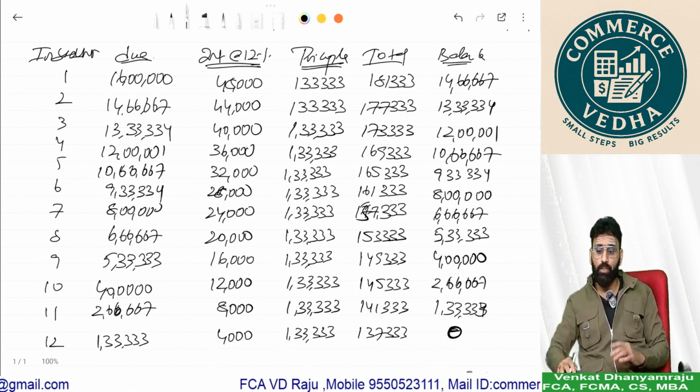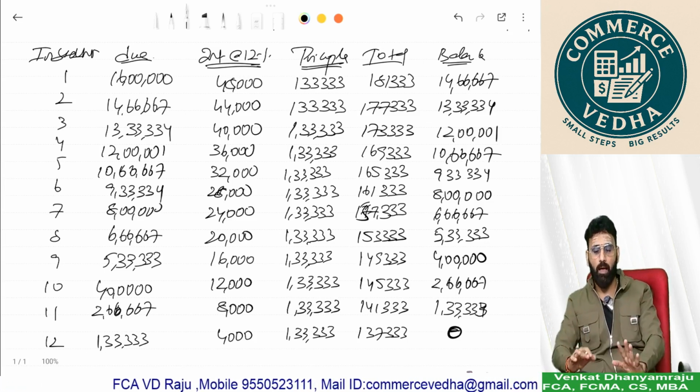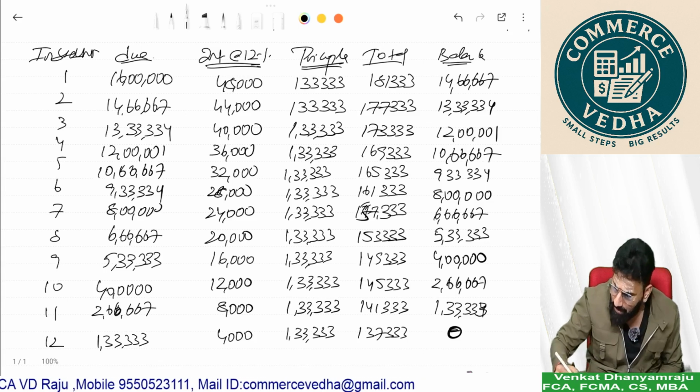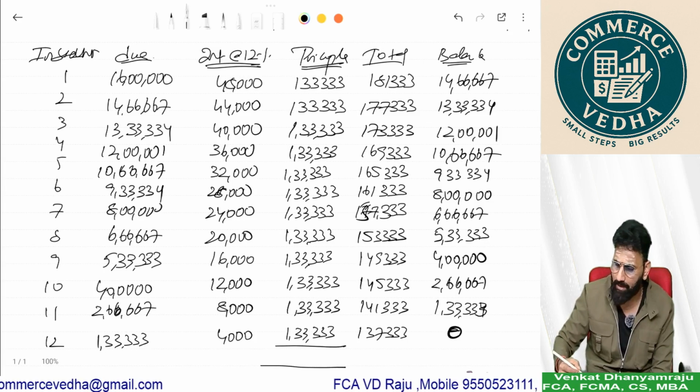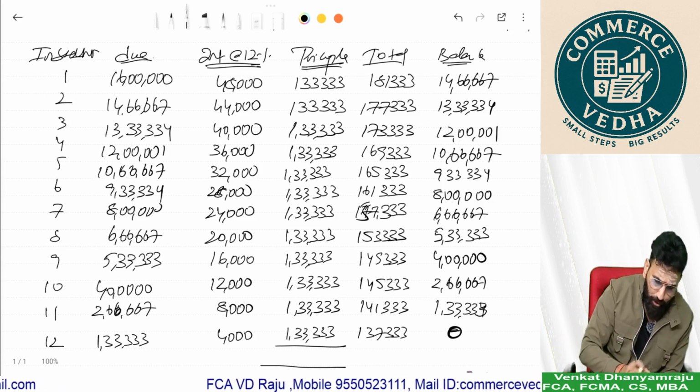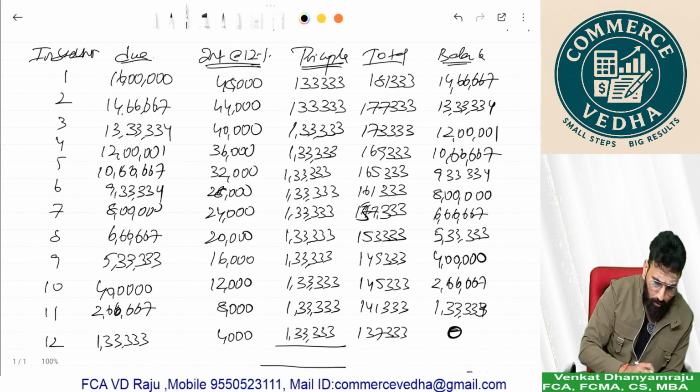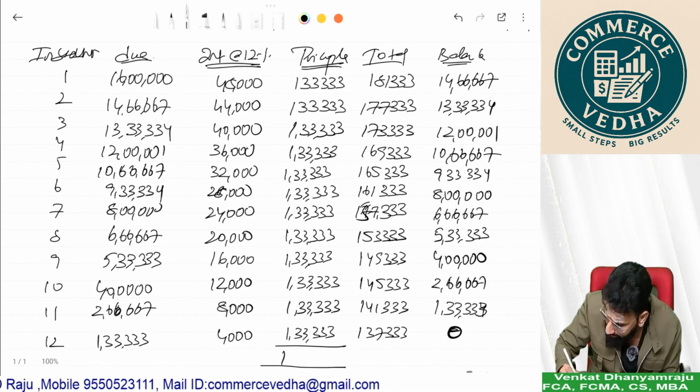Now we need to see what exactly I repaid. If I add all my principal payment, my total principal payment is 133,333 into 12 months, coming to 16 lakhs.